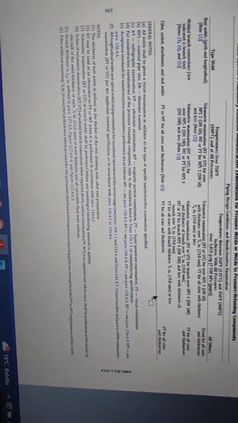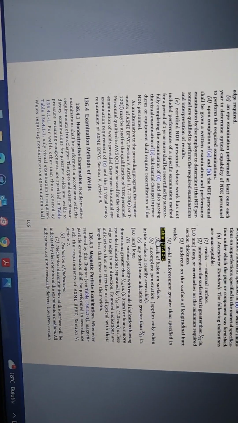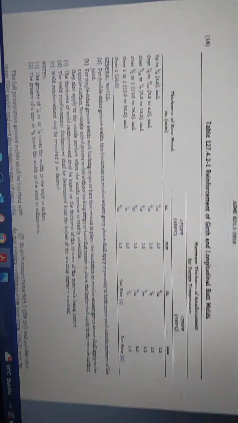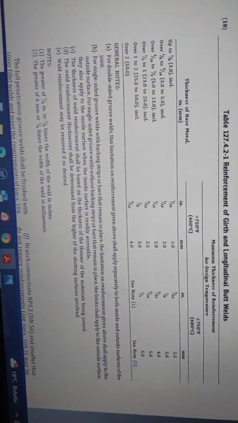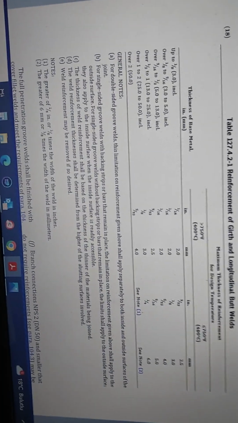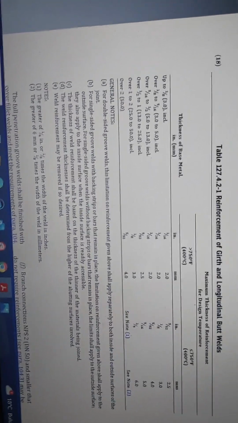I want to show the other table that I mentioned above. Yes, this table: reinforcement of girth and longitudinal butt welds.